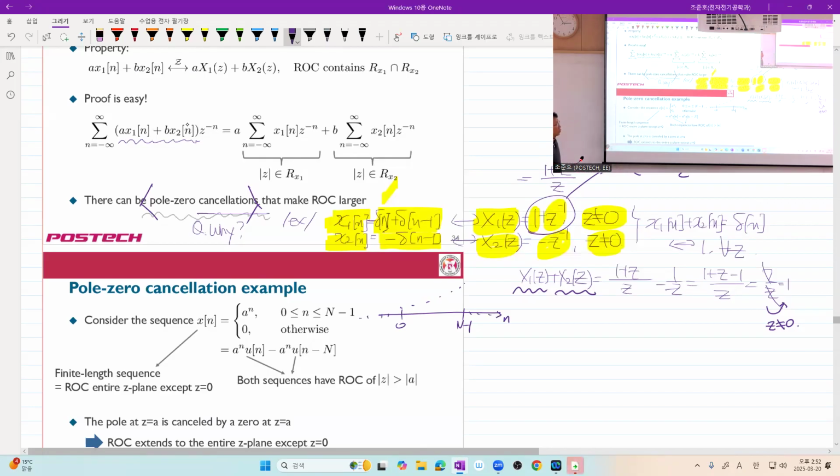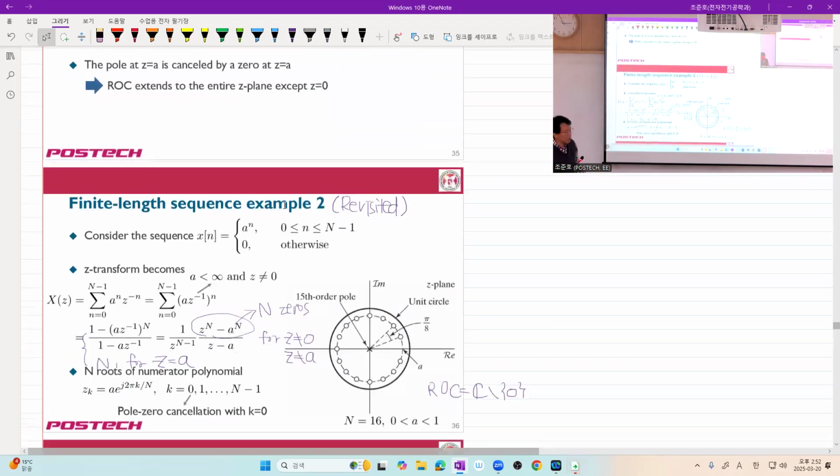Now, we use the partial sum formula of a geometric progression, and we can find this expression. We've already seen this one, right? So here, capital X of Z can be written this way.